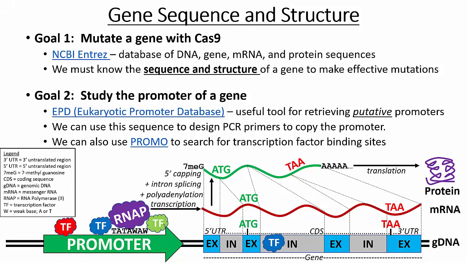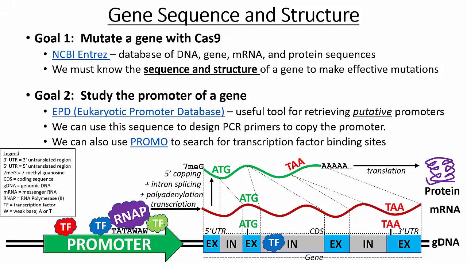So the promoter is in many ways just as important as the gene sequence itself, because if you don't have a promoter that is active, that is recruiting a bunch of transcription factors, recruiting RNA polymerase, then you won't see any expression of your gene. So both of these regions are very important.